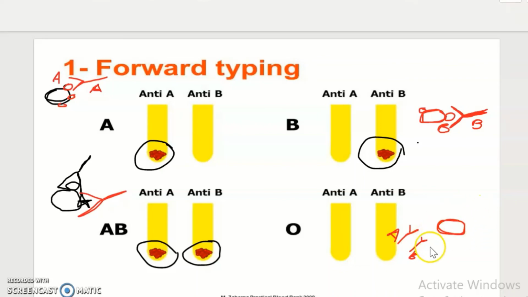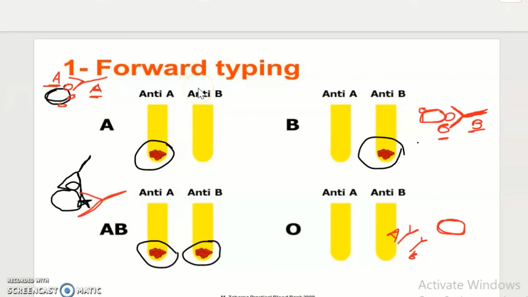That's why you see no agglutination in O blood group. Notice that A is directed towards A, B directed towards B. So that's how it's easy for you to remember.